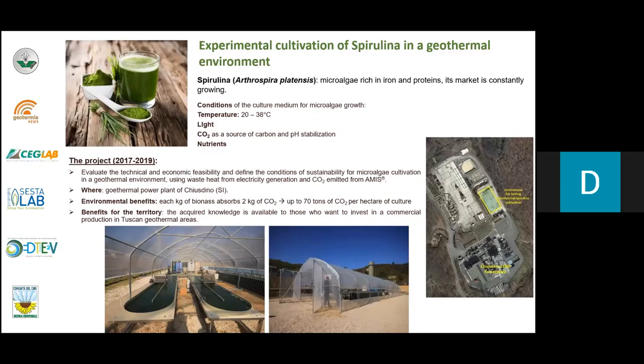Then between 2017 and 2019, we carried out a project for the experimental cultivation of spirulina in a geothermal environment. Spirulina is a microalgae used in nutraceutics. What is nutraceutics?